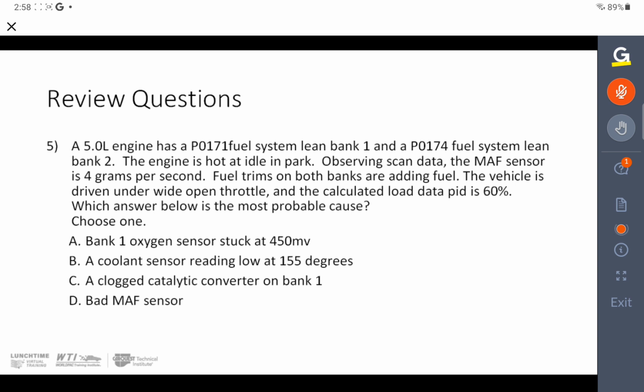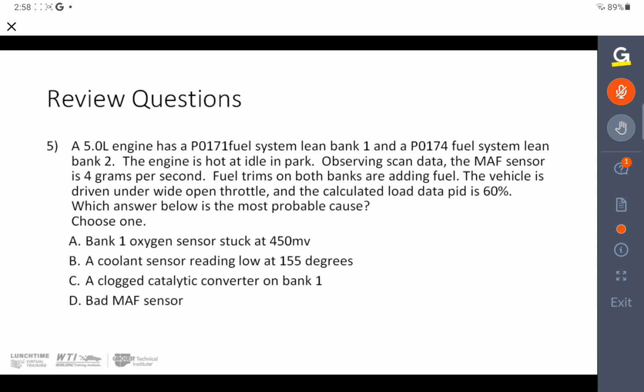Review question 5. A 5-liter engine has a 171 fuel system lean bank 1 and a 174 fuel system lean bank 2. The engine's hot at idle in park. Observing the scan tool data, the mass airflow sensor is 4 grams per second. Fuel trims on both banks are adding fuel. The vehicle is driven under wide open throttle and the calculated load data PID is at 60%.